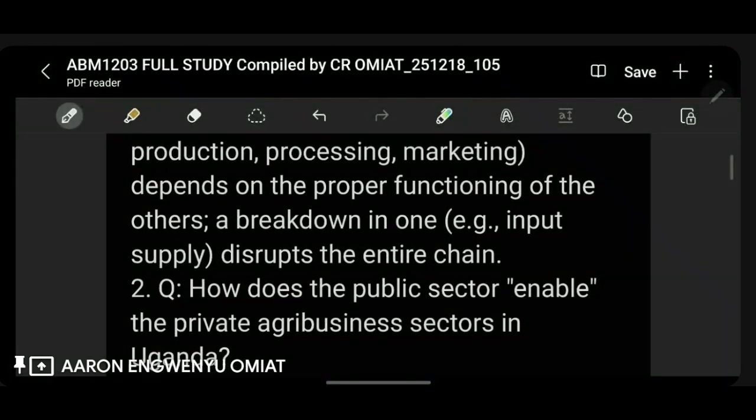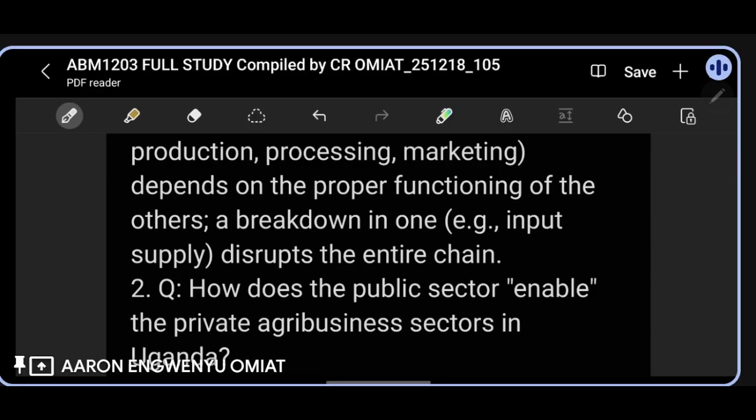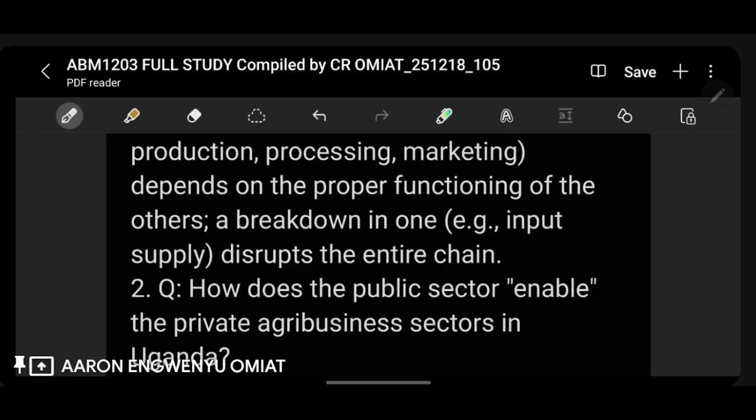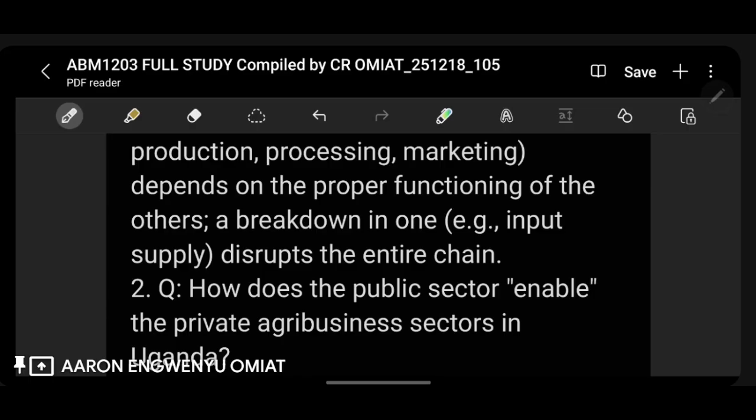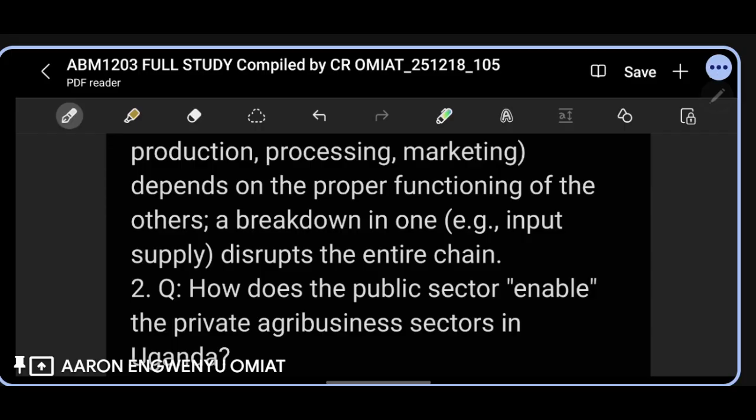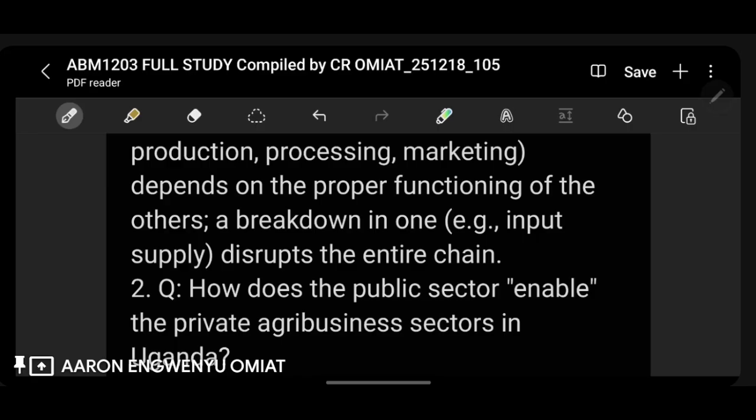How does the public sector enable the private agribusiness sectors in Uganda? Public sectors like UNBS.